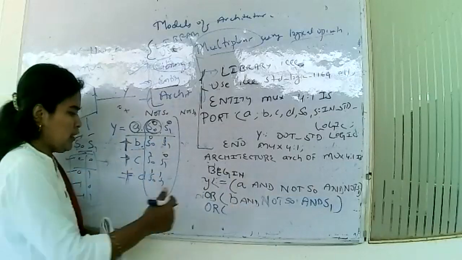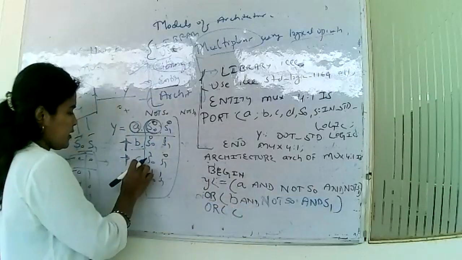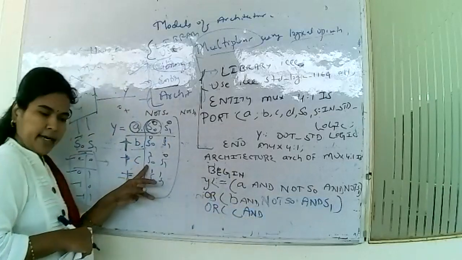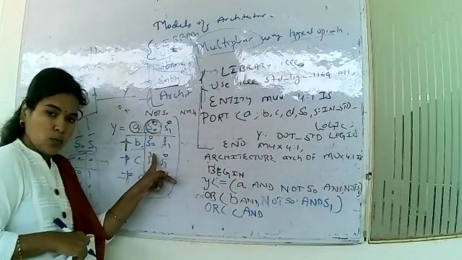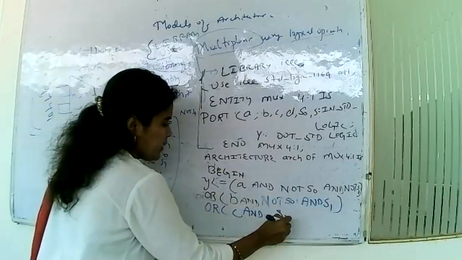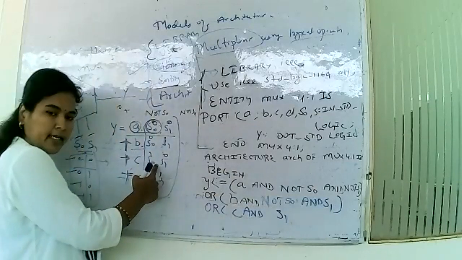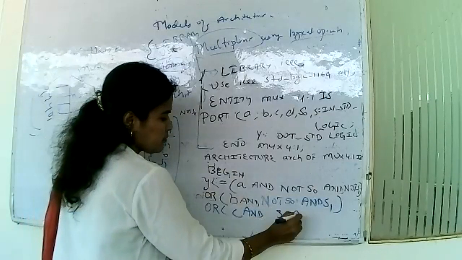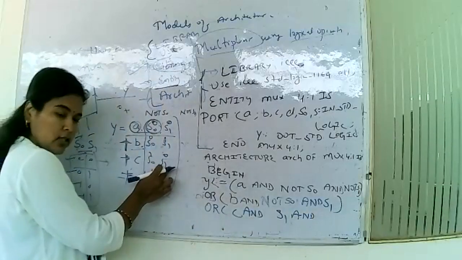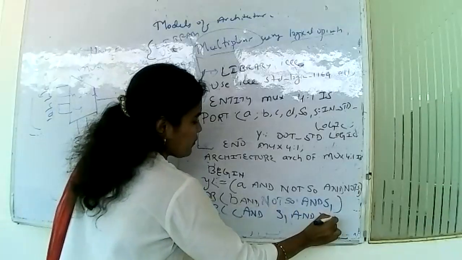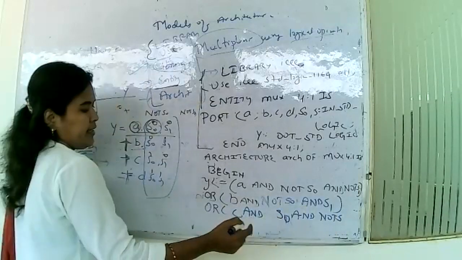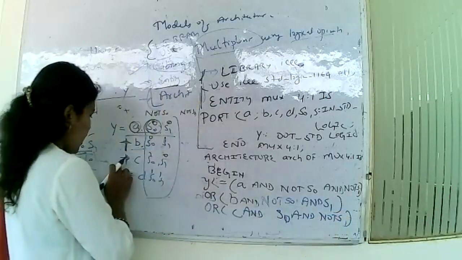After or comes C. C and, for this selection line it is 1, so it should be directly S1. Then again and, then it is 0 now, so not of S1.